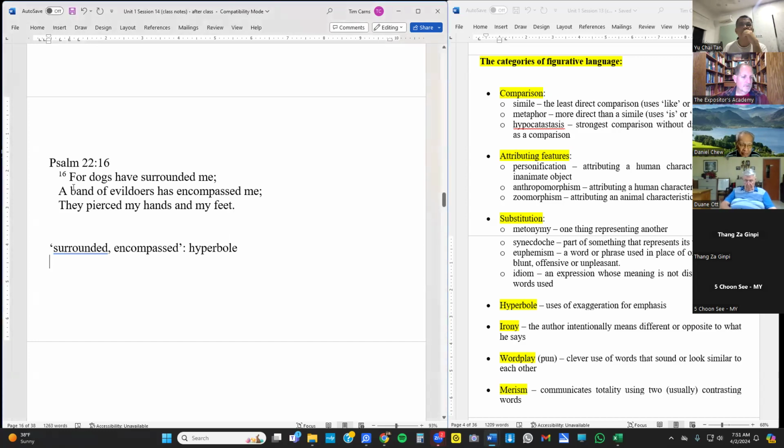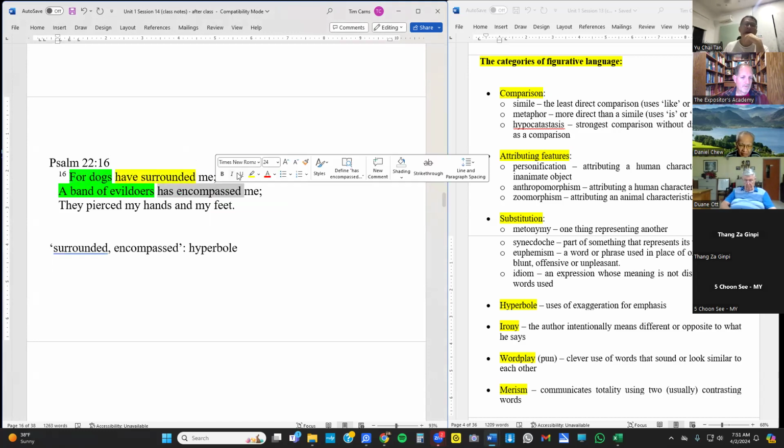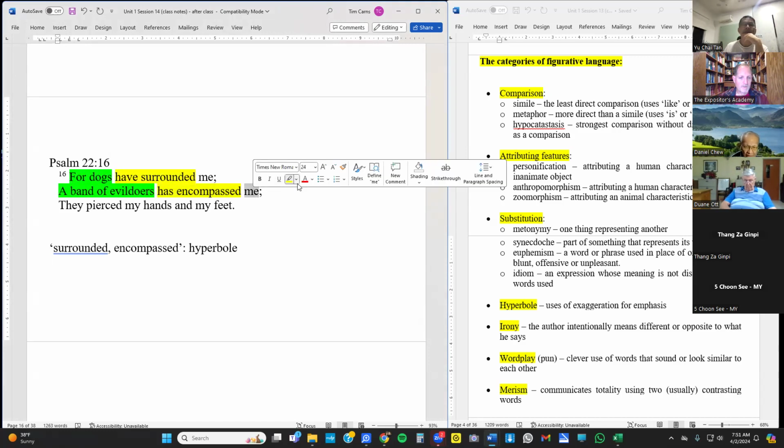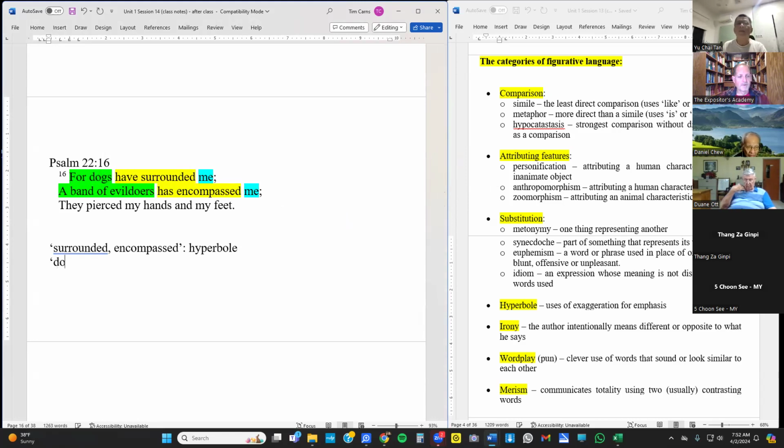Notice, understanding parallelism, we have a band of evildoers, dogs have surrounded, has encompassed, and then of course me. So we see the parallelism. There's a band of evildoers being compared to dogs here, right? So he's not saying literal dogs have surrounded me. He's saying these evil men have surrounded me. They are like dogs.